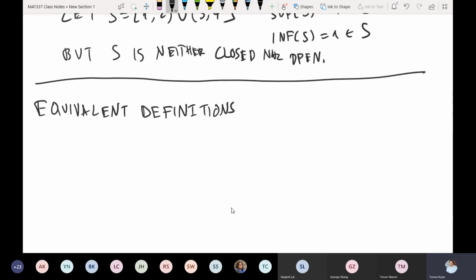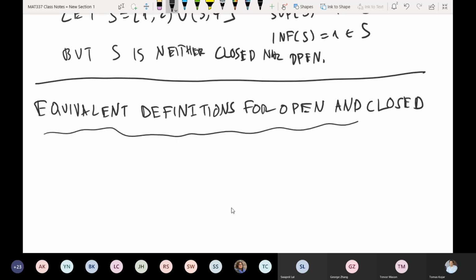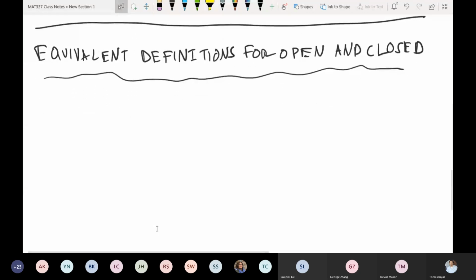You don't have to prove them, you can just use them. This is Proposition 3.11.